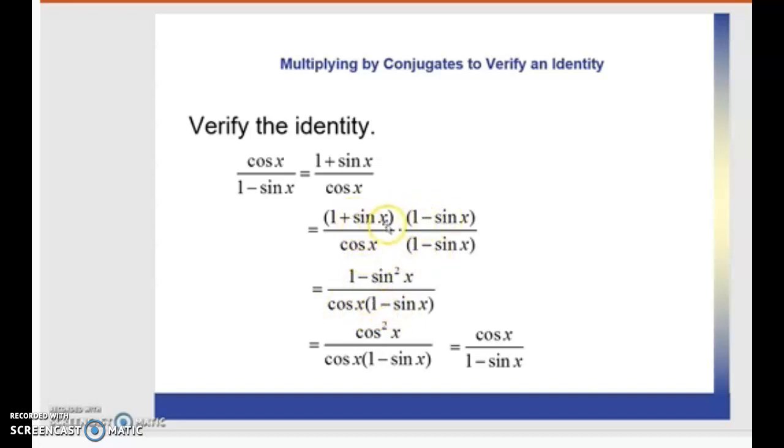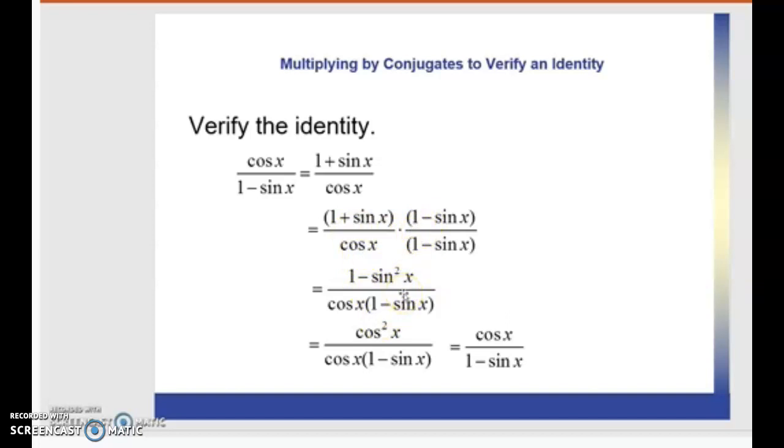In the numerator, we're multiplying two binomials, so remember to distribute both terms. You may have also been accustomed to doing this by using the FOIL method. So first gives us 1, then we have minus sine x plus sine x, that combines to 0, and then finally sine x times sine x giving us sine square x, and it's minus because we have unlike signs.